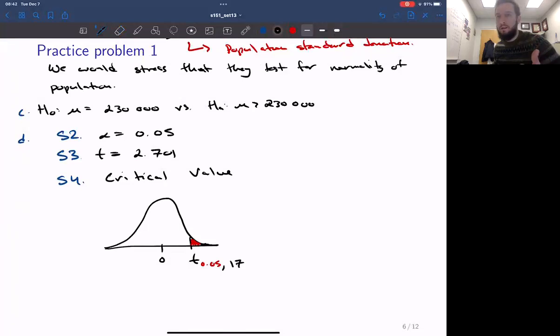So we're doing a one tail or an upper tail t-test for one sample. We have a significance level of 0.05 and we have 17 degrees of freedom because our DF for a t-test is sample size minus 1.